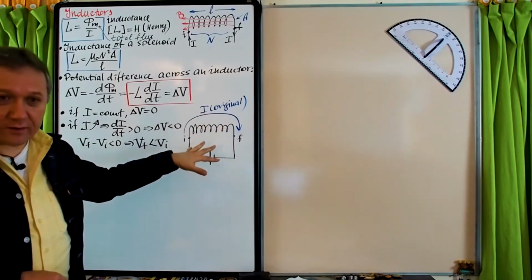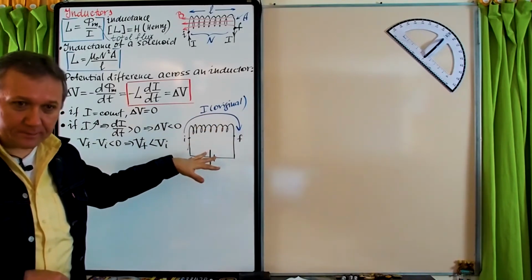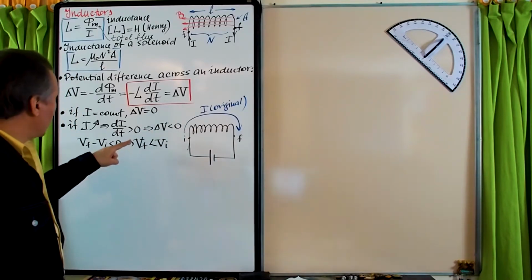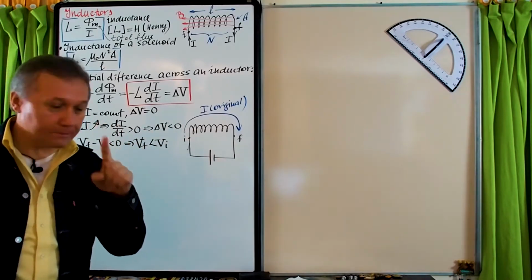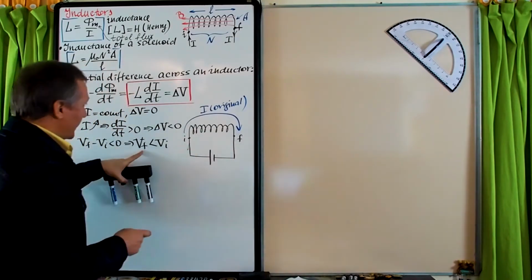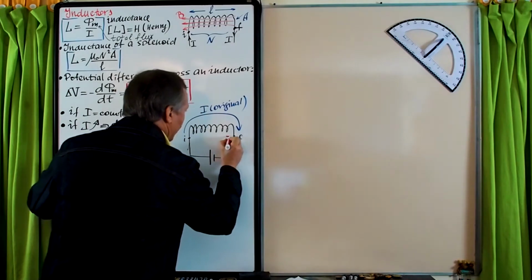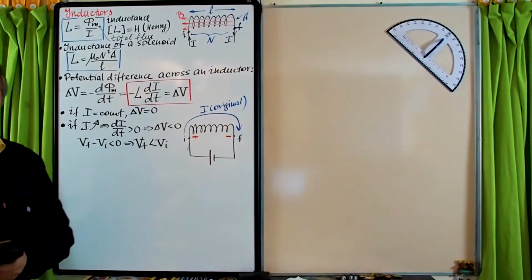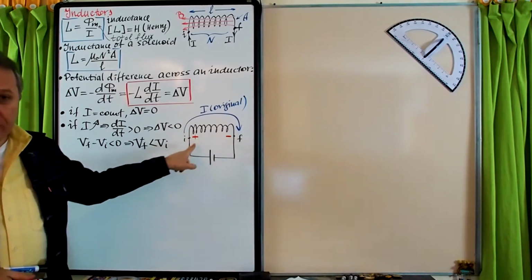And so this current changes. As a result, the solenoid sees that the current through it is increasing, and the solenoid produces an electric potential at the final point that is smaller than the electric potential at the initial point. So it produces a lower potential and a higher potential.